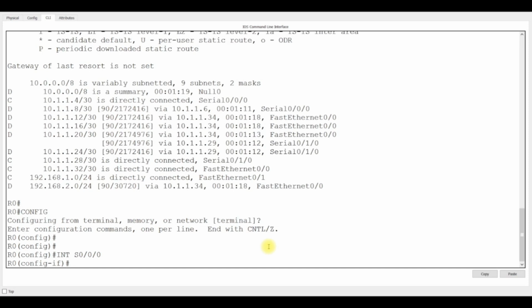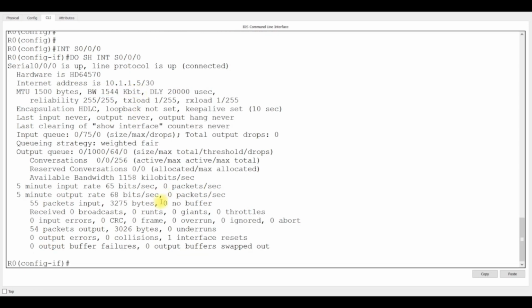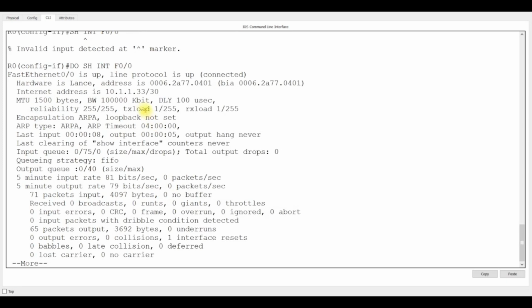All right, and if you were to look at the original bandwidth, you can do a show interface S0/0/0. The original bandwidth was 1,544 kilobits per second. If you were to do show interface F0/0, you will see that its bandwidth is 100,000.